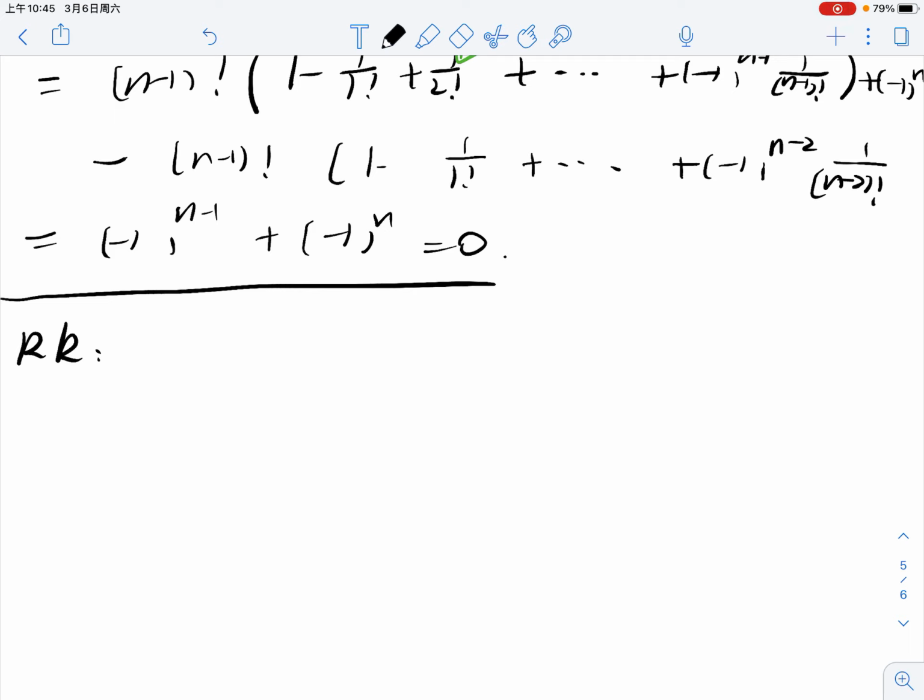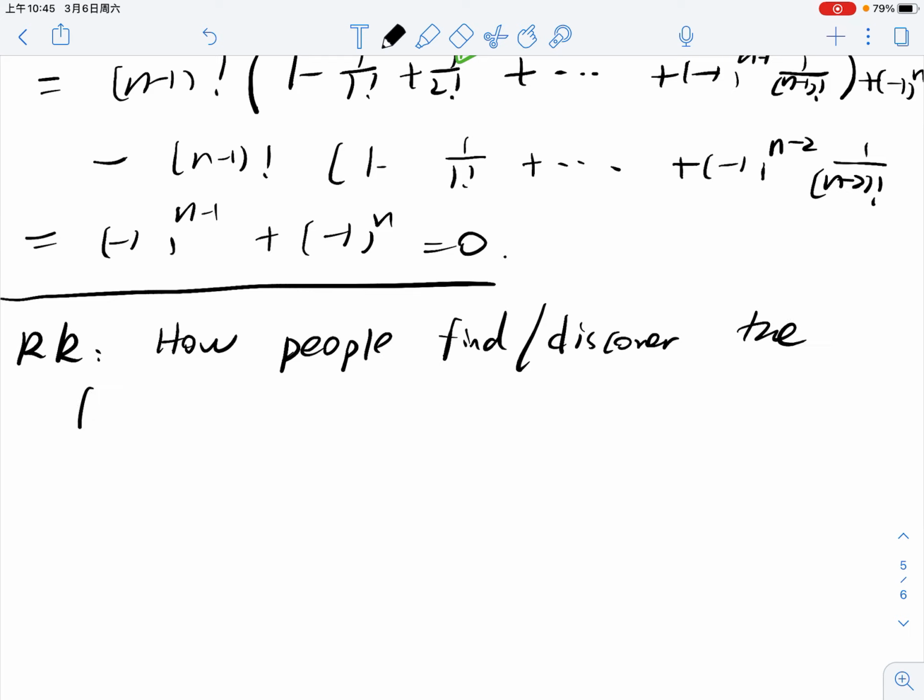The remark is that the reason I present the first proof is that usually that's how people find or discover the formula.